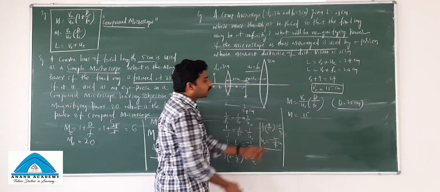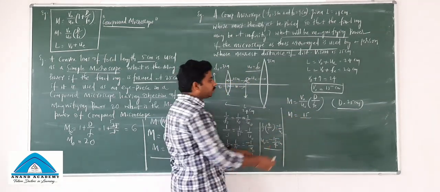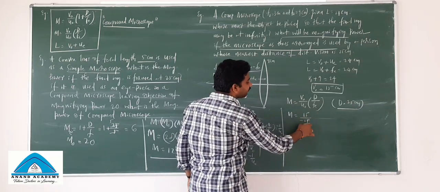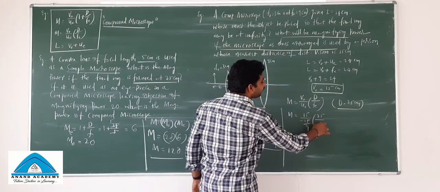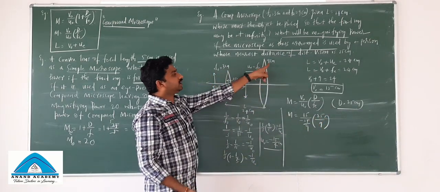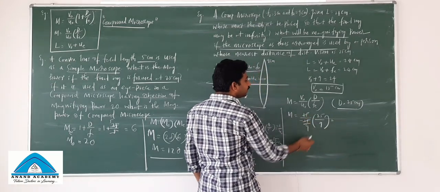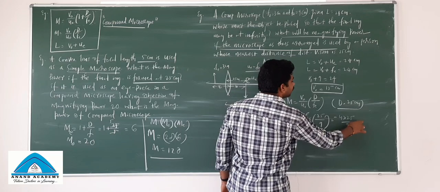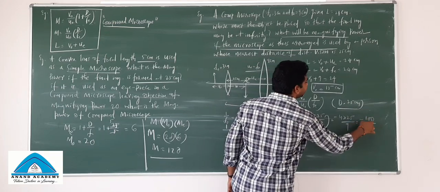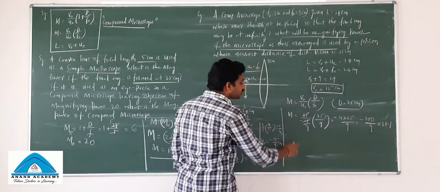V naught we had already found, it is 15, by U naught, which is minus 15 by 4, into D by Fe, which is 25 by 9. 15 cancels, giving minus 4 into 25 by 9, which is minus 100 by 9. So I can write it as 11.1, minus is also there.